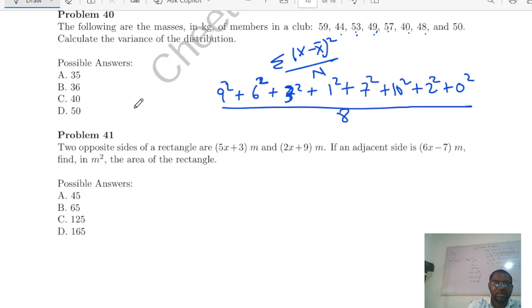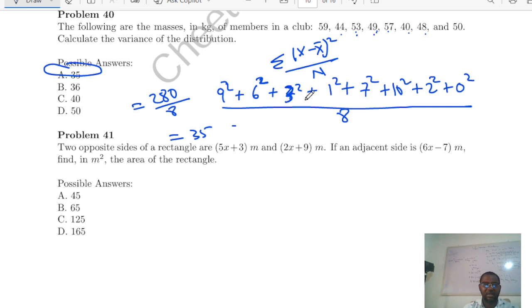So this is going to be 280 divided by 8. 280 divided by 8 is 35. So the answer is 35. Quite easy, right? So don't forget, to find the variance, you subtract the mean from each of the values, or the other way around, but your answer must be positive.